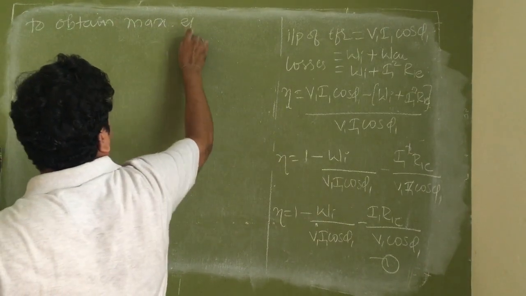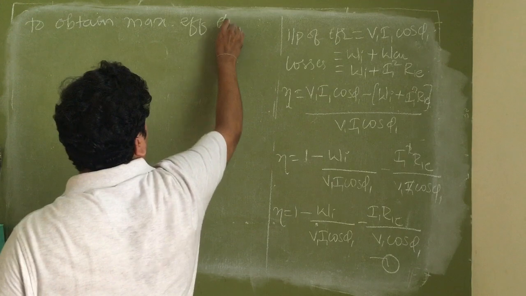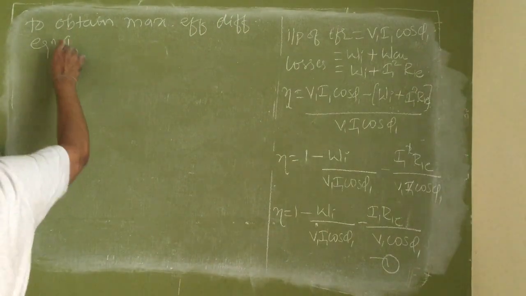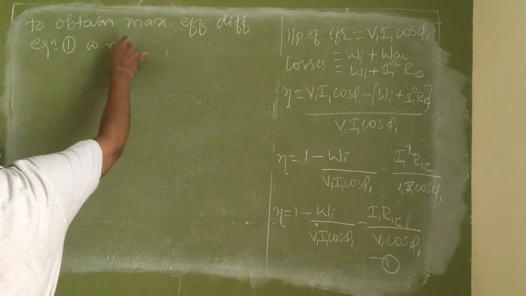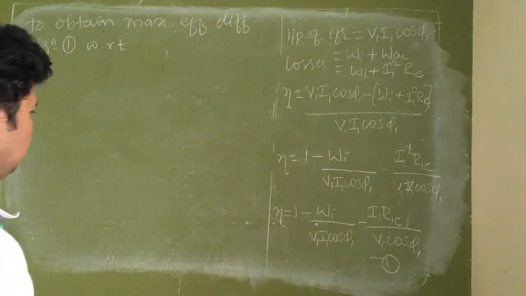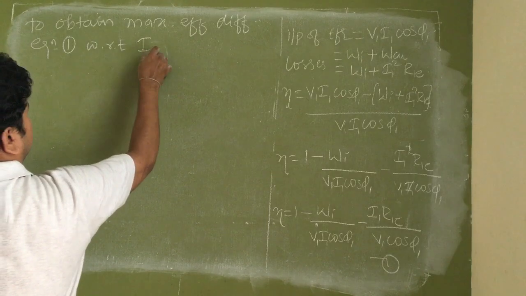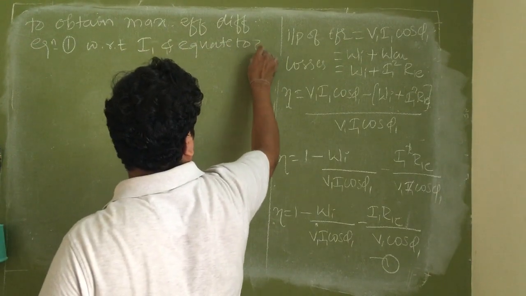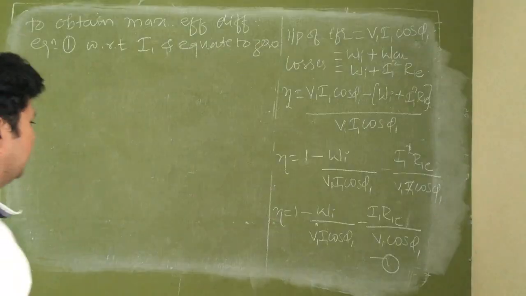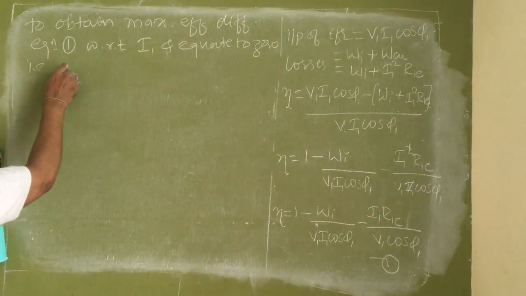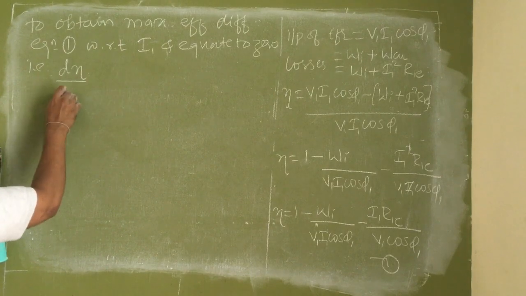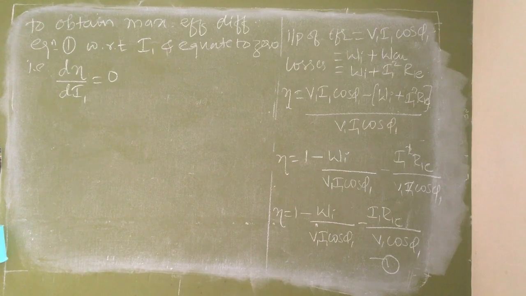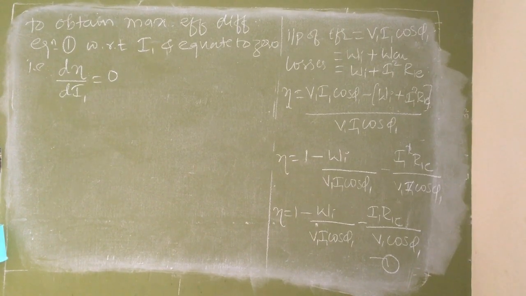That is, d efficiency by dI1 should be equal to 0.